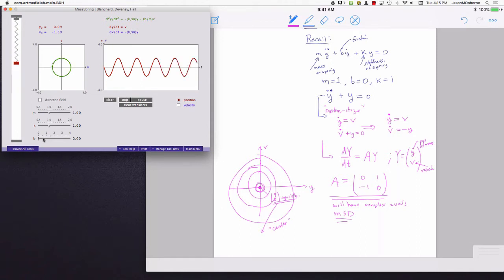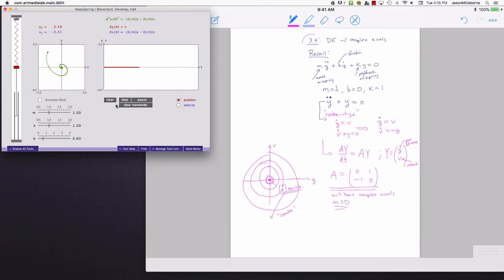Even if you put in damping in the problem, in which case your solution won't oscillate forever but will die out, even in this case you will have complex eigenvalues. Okay, so that's what needs to be discussed in section 3.4, the notion of complex eigenvalues.